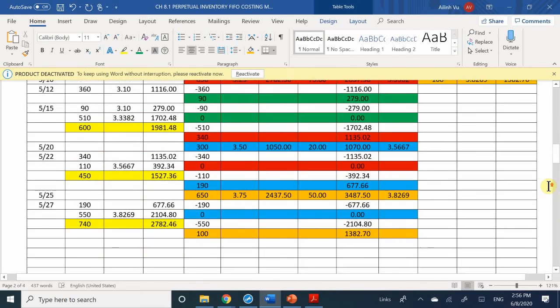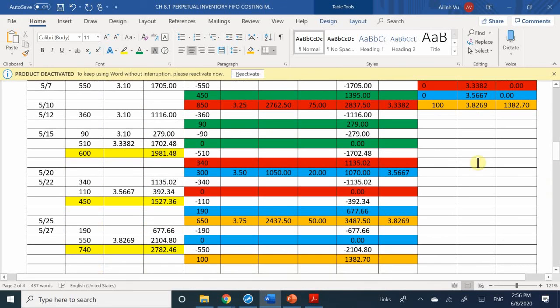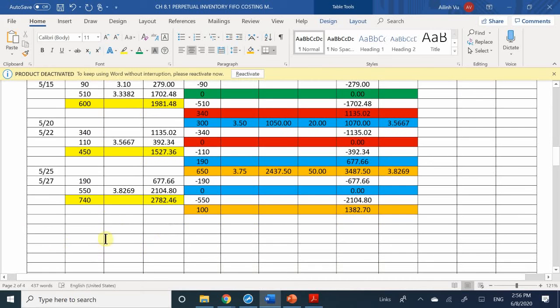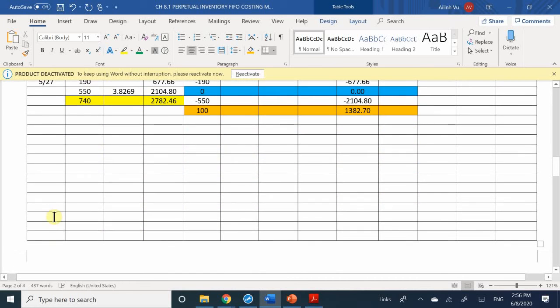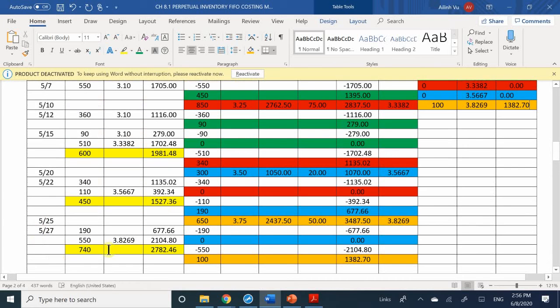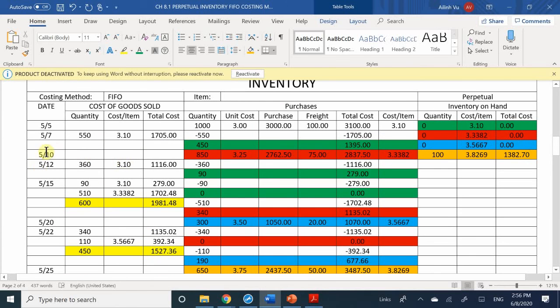And here again, if you're going to keep track of your cost of goods sold, you're just going to have a little title at the bottom here saying total. It's going to add up this number, this number, this number, this number, and this number. Okay, that's all you have to do.